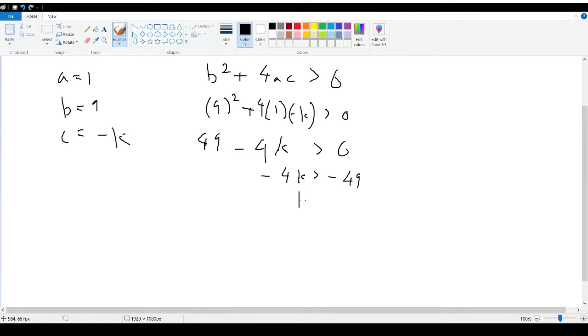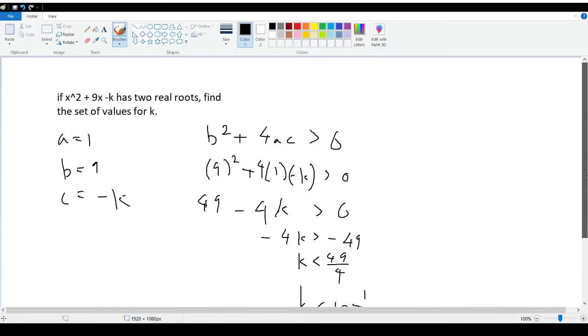Because we're dividing by a negative number, this of course will flip, and so k is lesser than negative 81 divided by 4. Or if you want to make it a compound fraction, there's your answer for that question.